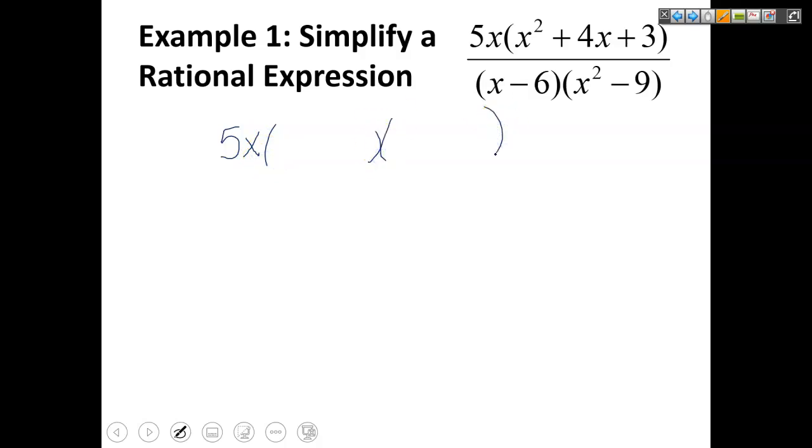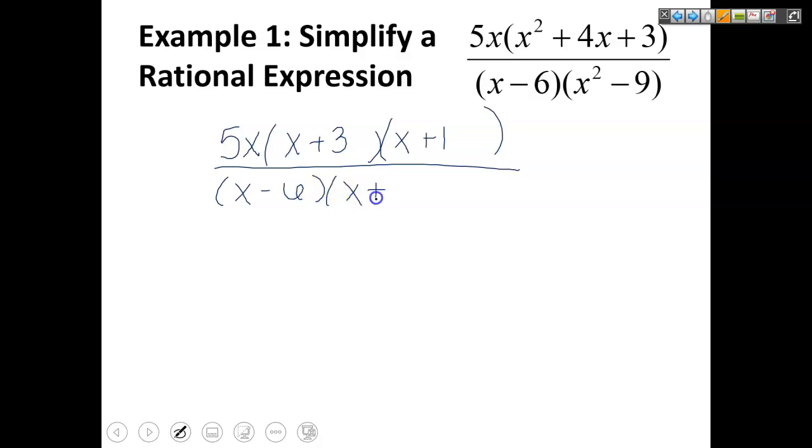So x squared plus 4x plus 3 factors as x plus 3, x plus 1. The denominator factors as x minus 6, x plus 3, x minus 3. So what do you notice happens?